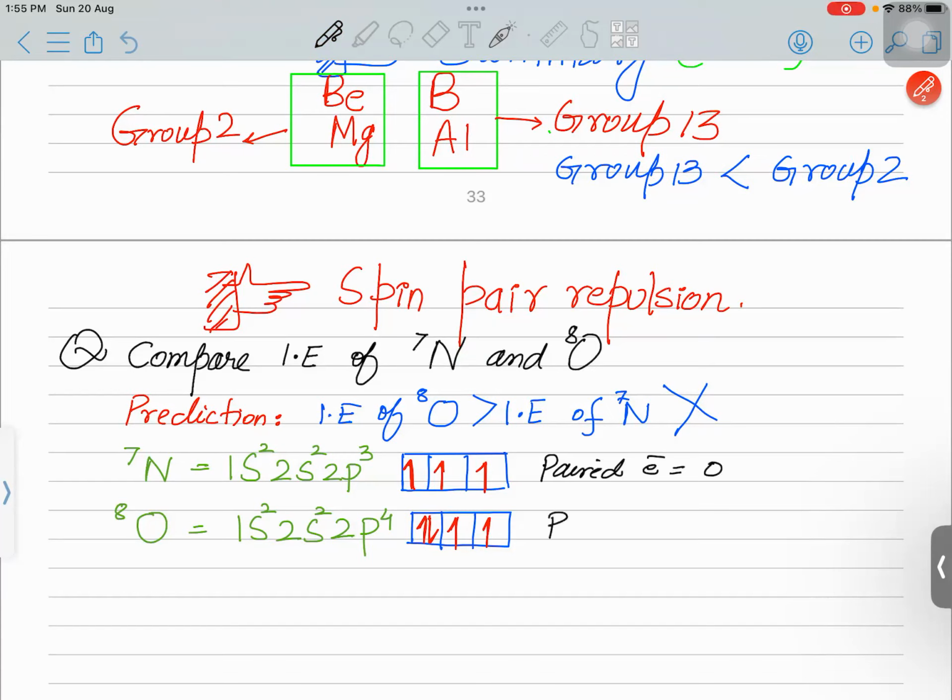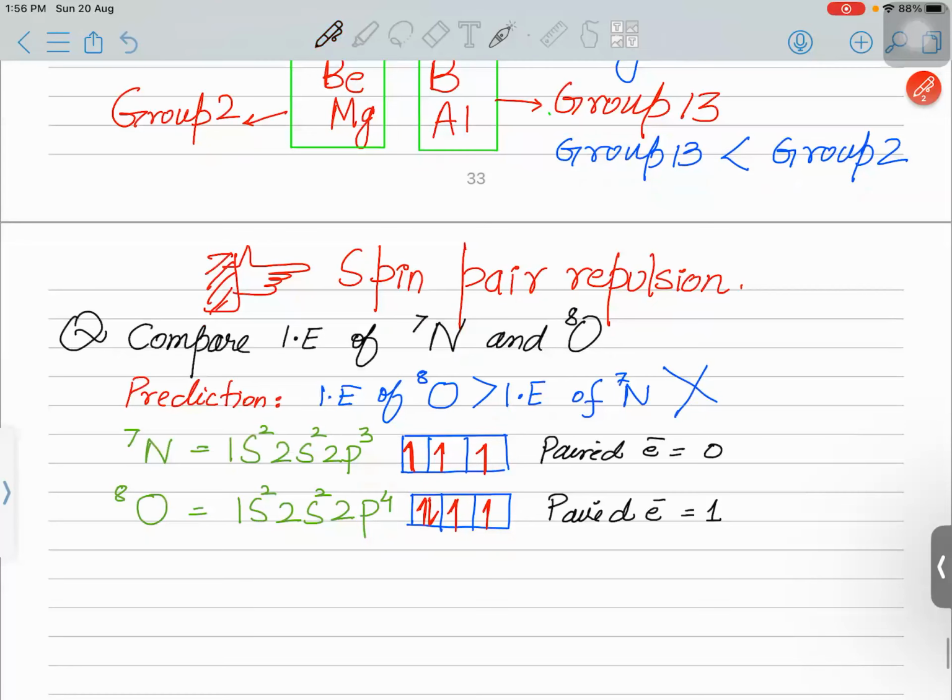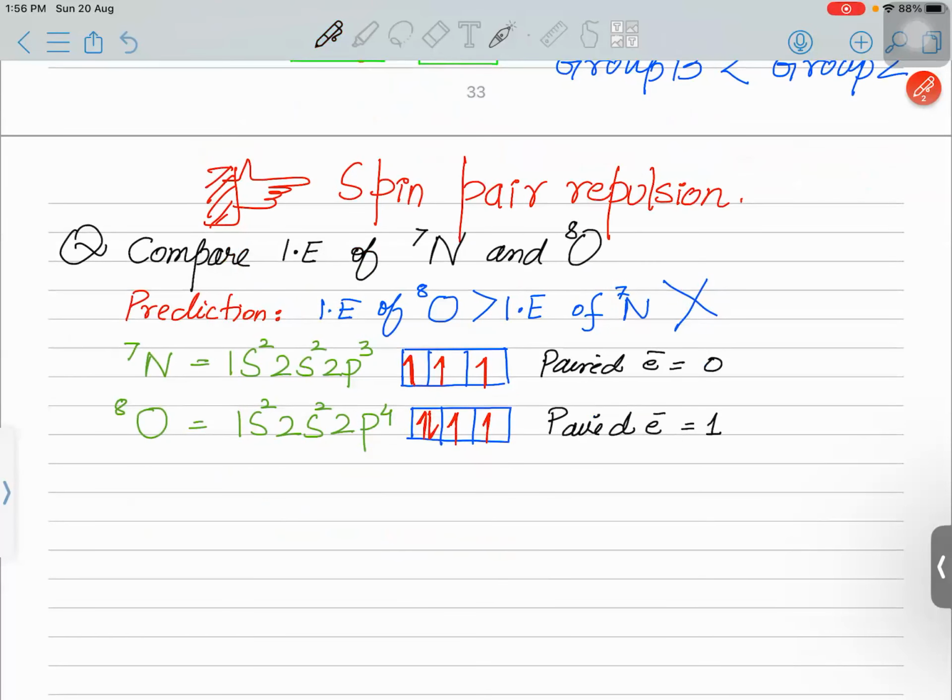And for oxygen, 1 pair, so 2 electrons. So my question is, which box has more repulsion? Nitrogen box or oxygen box? Which box has more repulsion of electrons and why?